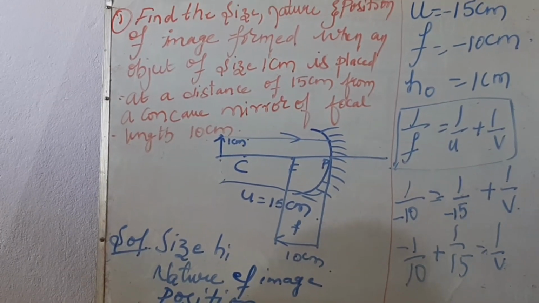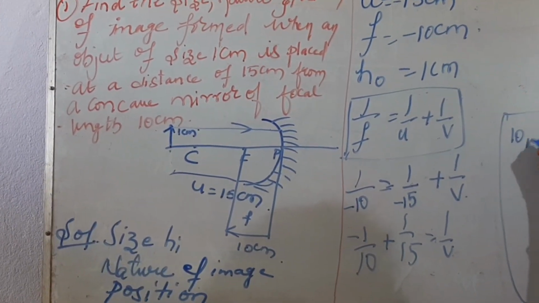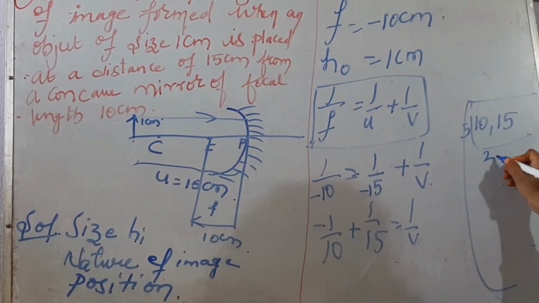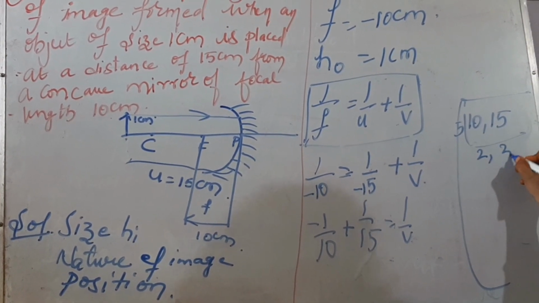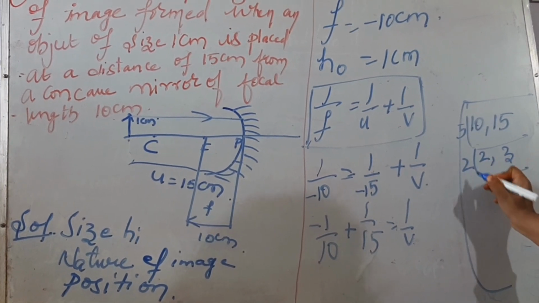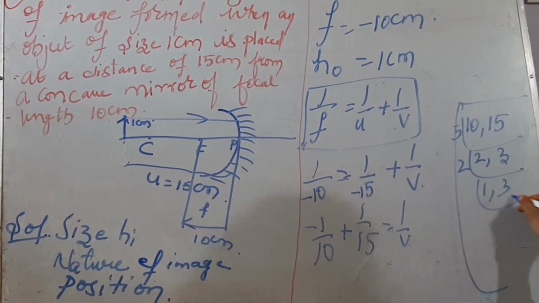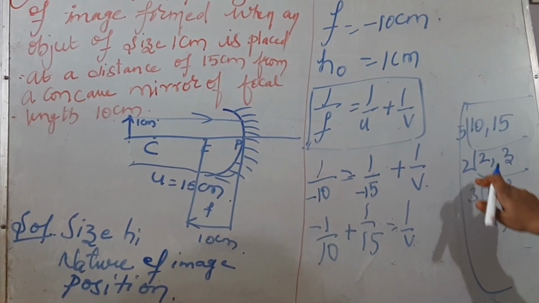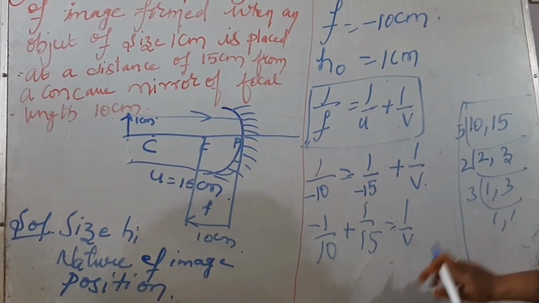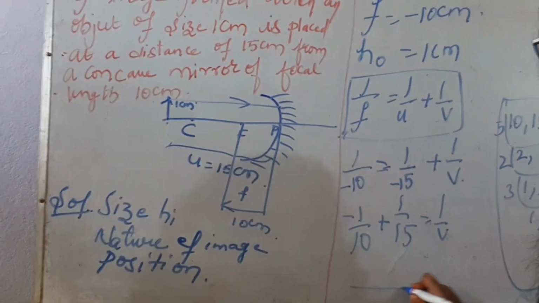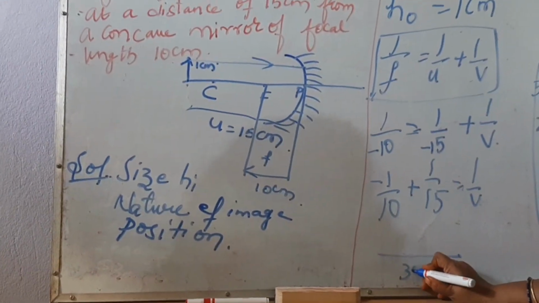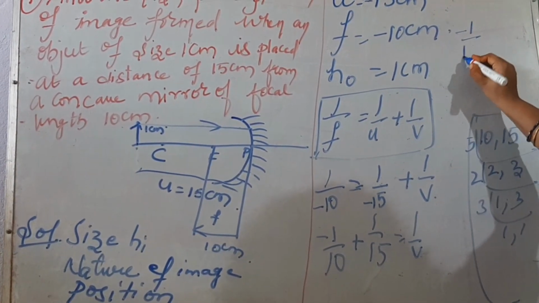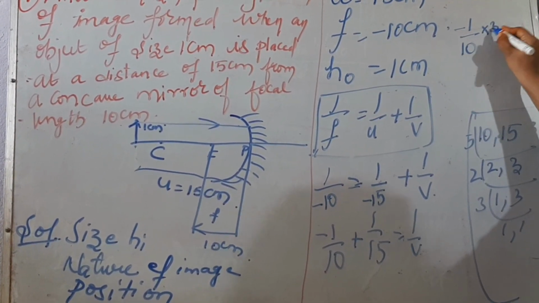So let us find the LCM of 10 and 15. 5 2s are 10, 5 3s are 15. So the LCM here is 30.